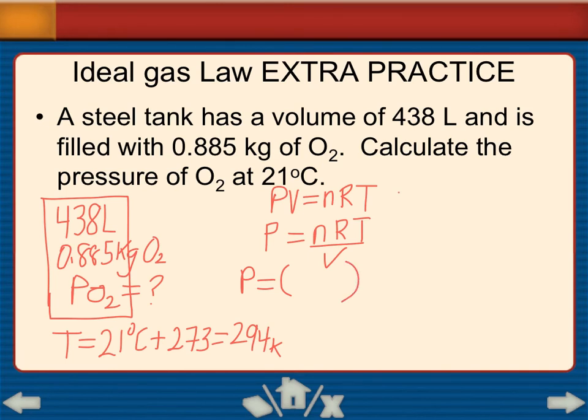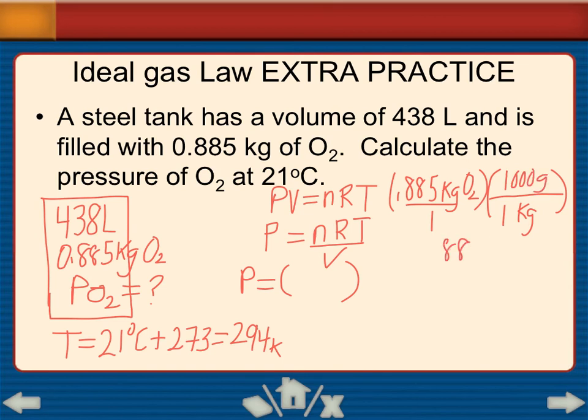We will go up here, 0.885 kilograms of O2. We need to convert back to grams. So 1 kilogram is 1,000 grams, and that gives us 885 grams of O2. Now we must take 885 grams of O2 and convert to moles.